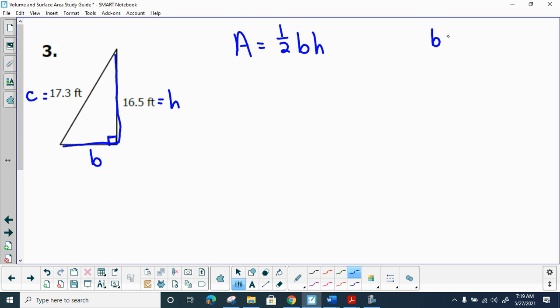So our base squared plus 16.5 squared equals 17.3 squared. And I'll go ahead and square those numbers. Get 272.25.